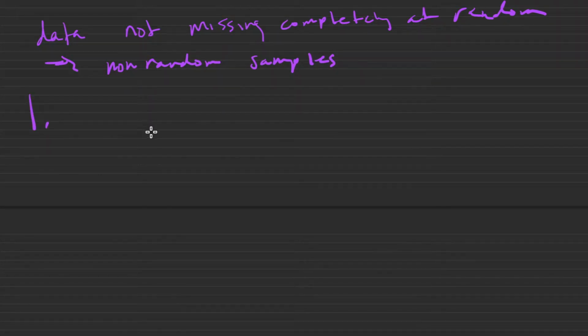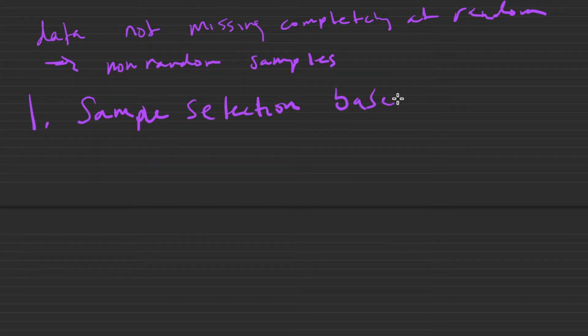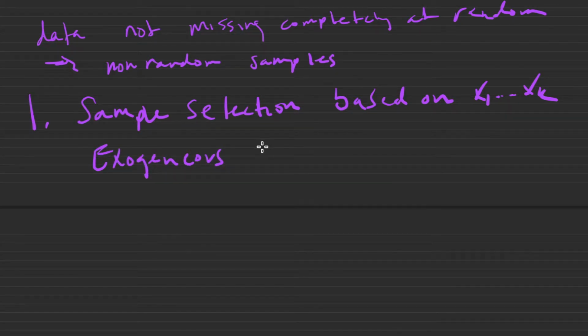The first that we're going to think about is sample selection based on the independent variables. This is also called exogenous sample selection.